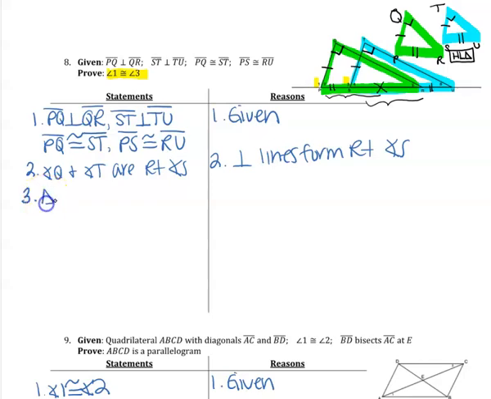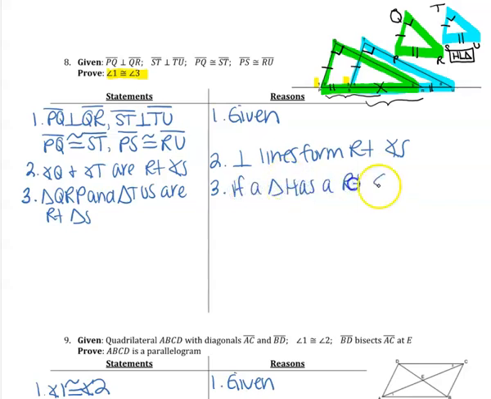So I'm going to say triangle QRP and triangle TUS are right triangles because if a triangle has a right angle, it's a right triangle. Okay, so that helps me tackle the triangle part. They gave me the leg, so that's good.